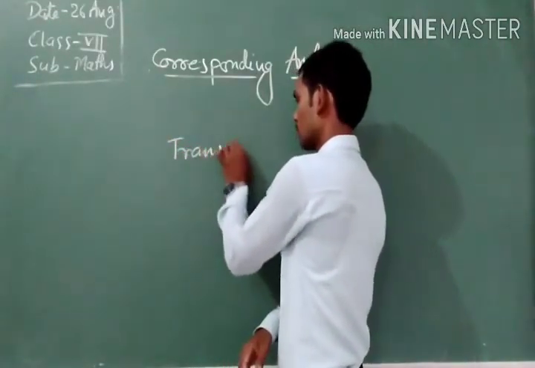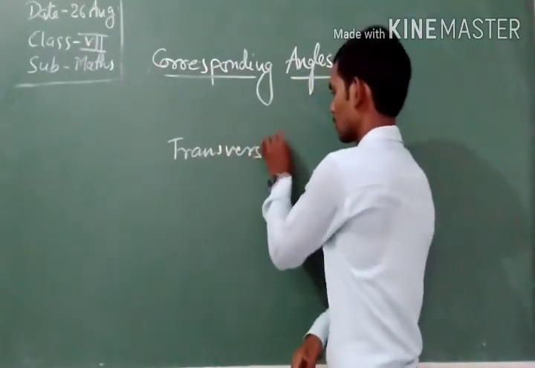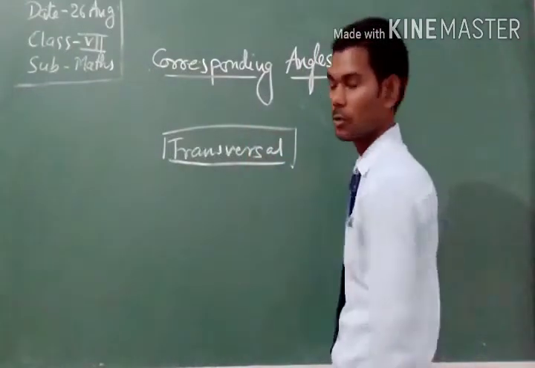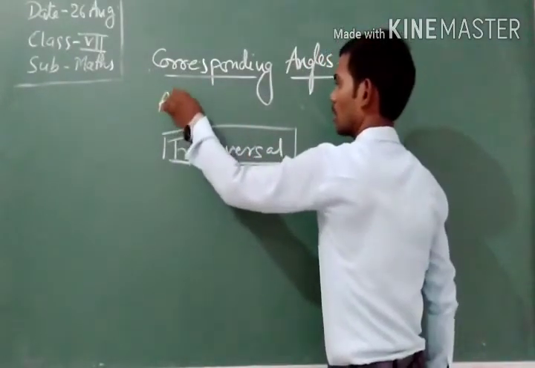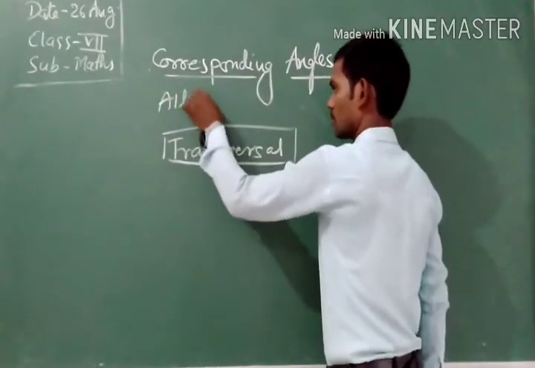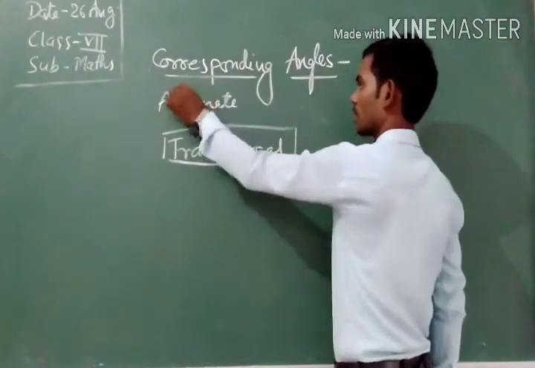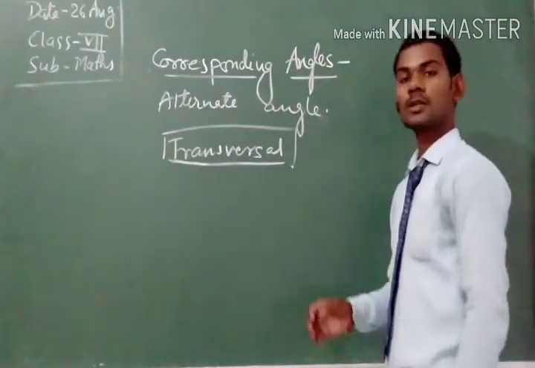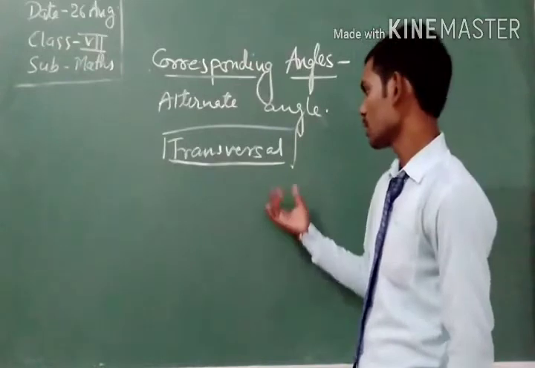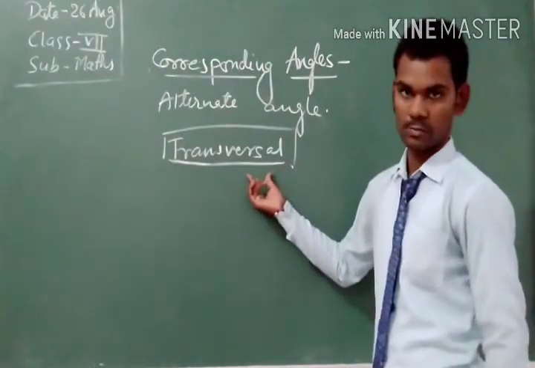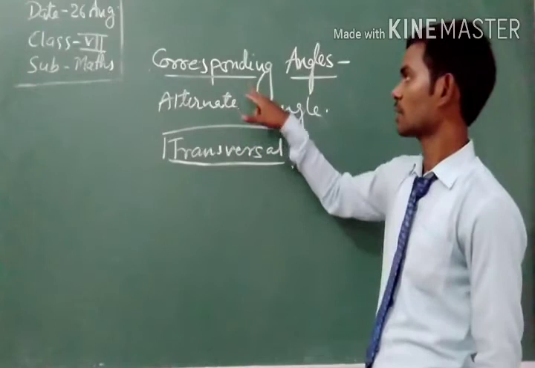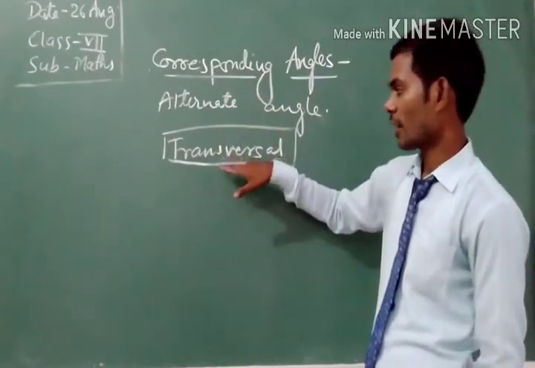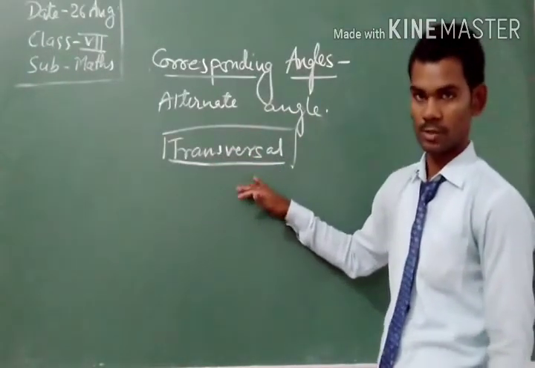Transversal. So when we define corresponding angles or alternate angles, in each condition we read the word transversal, so when we define these two angles, we also revise the definition of transversal.